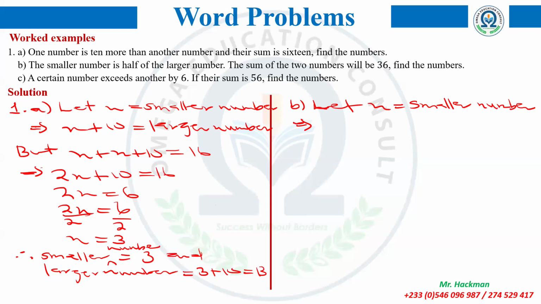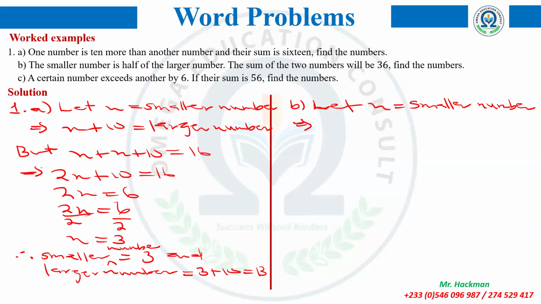Please take notes. Let's see, assuming I represented the smaller number by x, then it means my bigger number, if my smaller number is half of the larger number, then it means my larger number will be twice the smaller number. Do you agree? Yes, sir. My professors, are you with me? Yes, please.